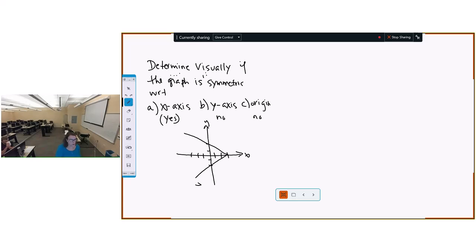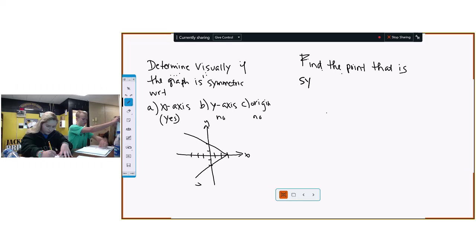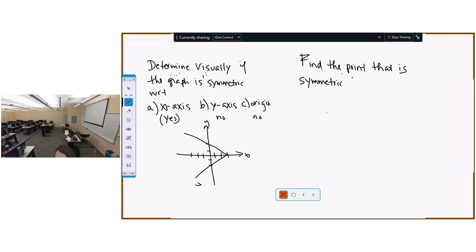Okay, pay close attention to this one because I think you're going to see it on your test. Find the point that is symmetric to the point (3, -2) with respect to the x-axis, the y-axis, and the origin.